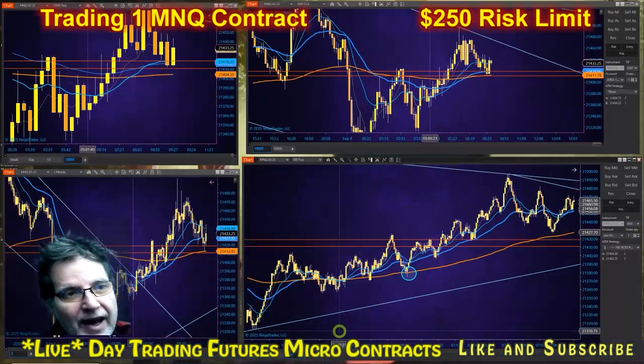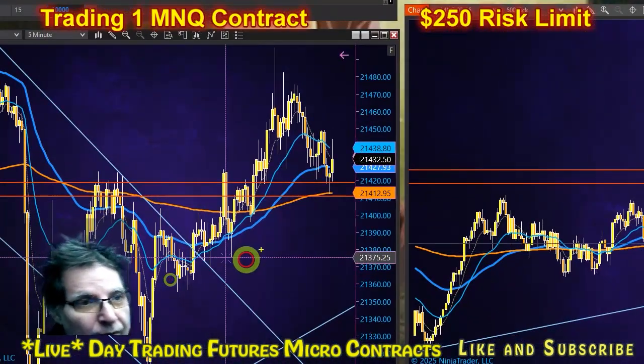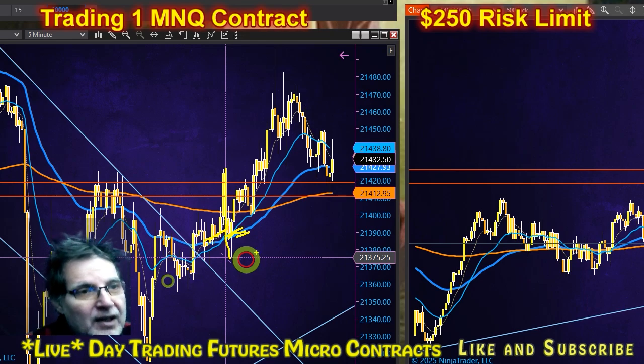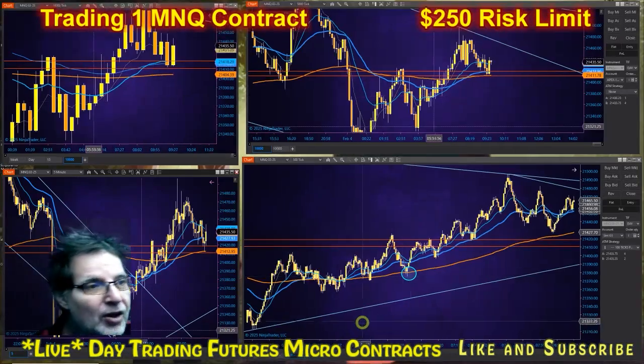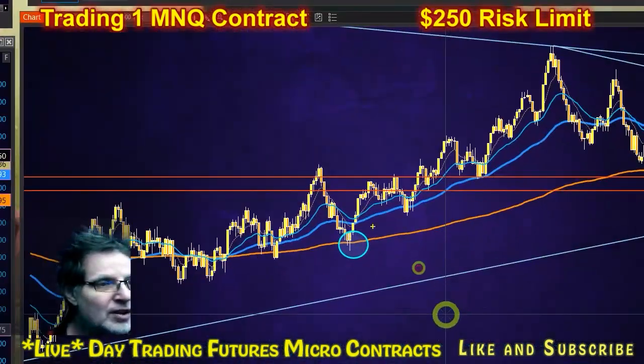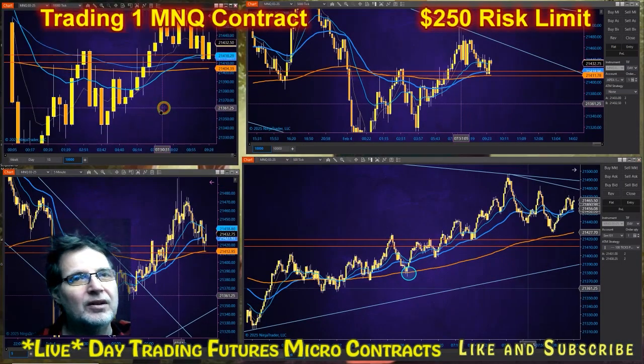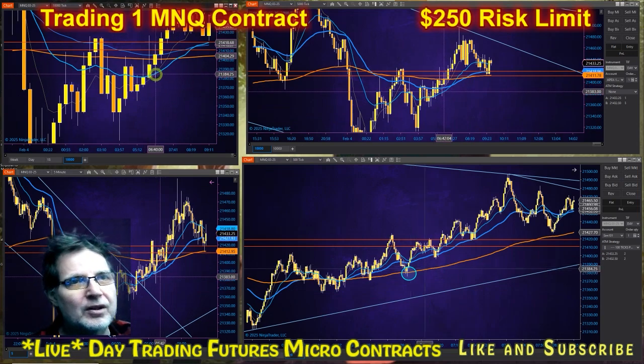And using this time chart over here, we saw that the 8, the 20, and the 50 had been in perfect order. So when this thing came down, using the 5-minute chart and this feel over here gives us better quality. Let me take a look at what it looks like over here.